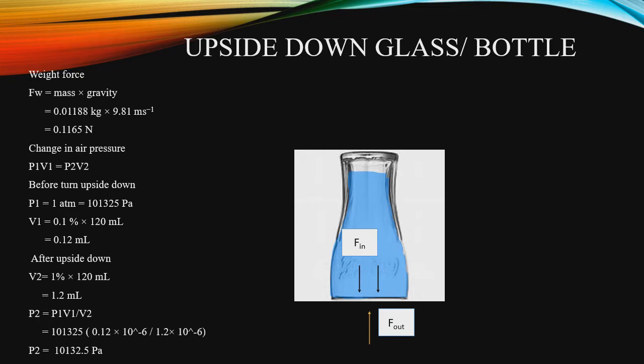P2 is equal to P1 times V1 divided by V2, which is 101,325 Pascal times 0.12 times 10 to the power of negative 6 divided by 1.2 times 10 to the power of negative 6.